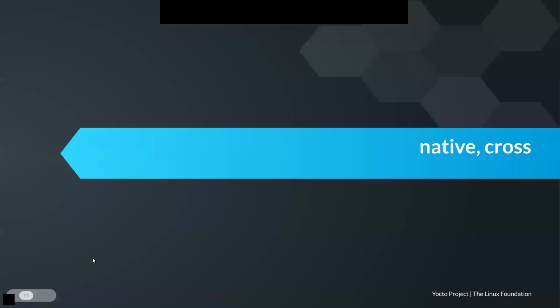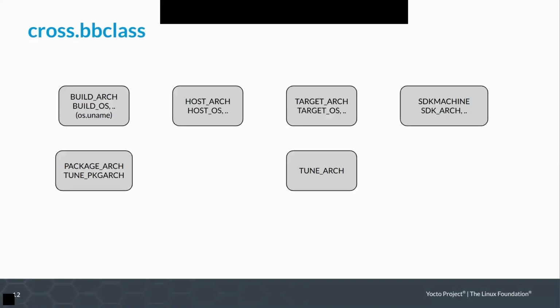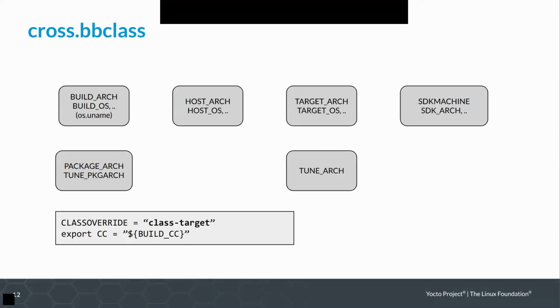So moving to native and cross variants. With the cross bbclass, going back to the same elements to see what will be changed here, the class override will be changed to class-cross.